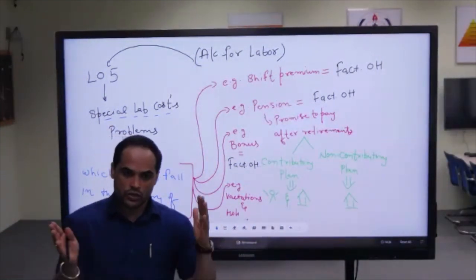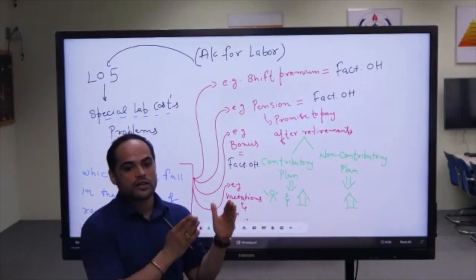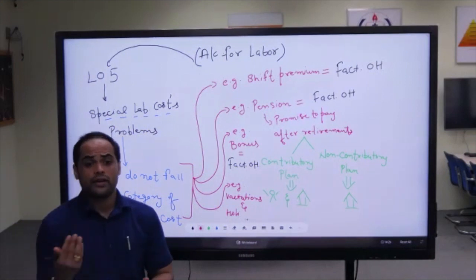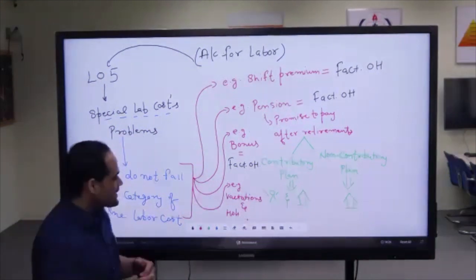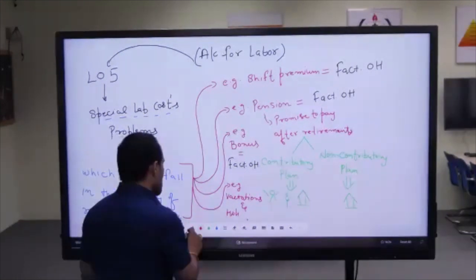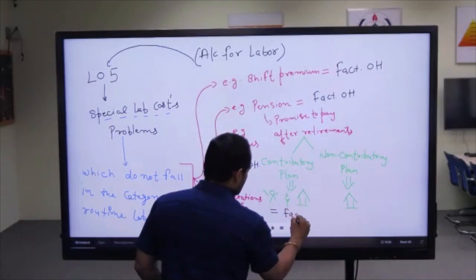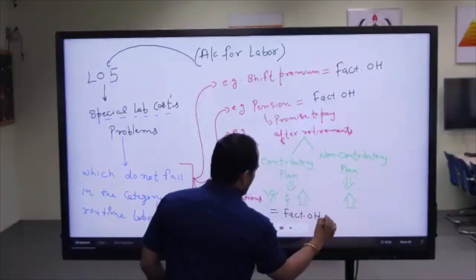You will not go to the company, but the company will pay you money for it. That's the meaning of paid holidays. So these kinds of vacations and holidays are also treated as factory overheads.